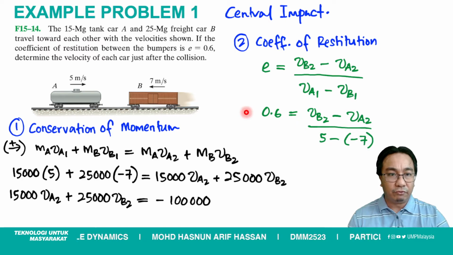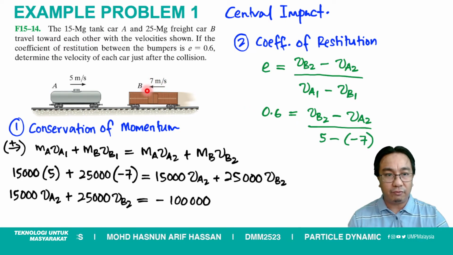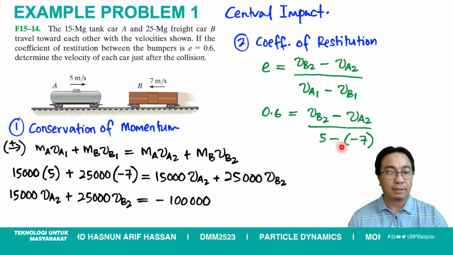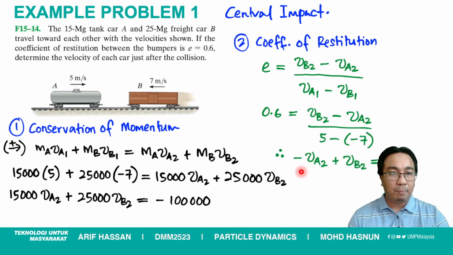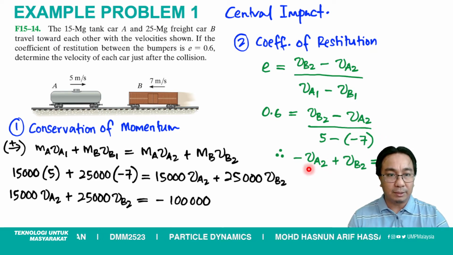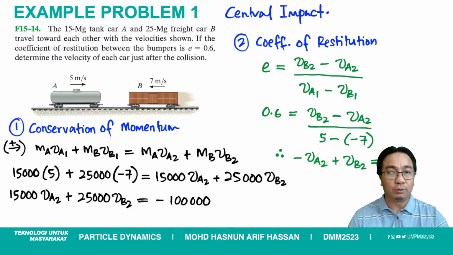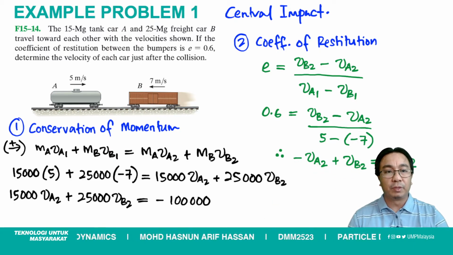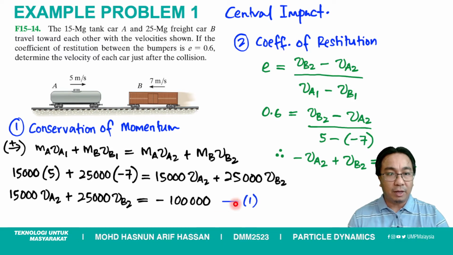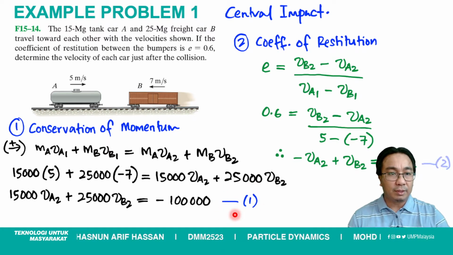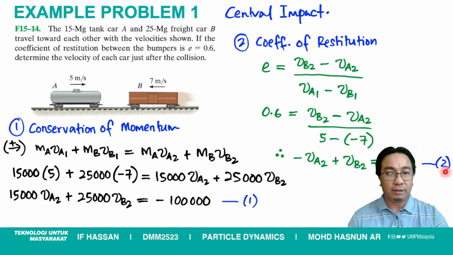Remember, VB1 is traveling to the left, therefore it is going to be minus. So when we do some rearrangement, minus VA2 plus VB2 is equal to 7.2. So this is going to be our first equation. This is going to be our second equation.